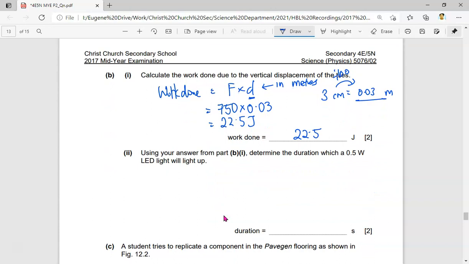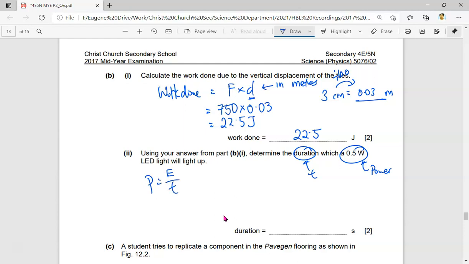Now, using your answers from B part 1, determine the duration which a 0.5 watt lamp will light up. So from B part 1, I know the work done is 22.5 joules. 0.5 watt is power. So I have energy, which is work done, and I have power. You're going to find the duration, which is time. So how are these three linked up? You know that power is equal to energy over time.